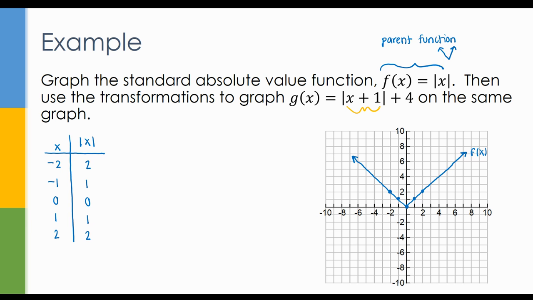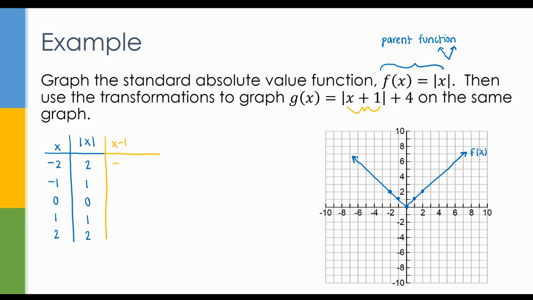So notice that I've got a number inside of the absolute value. If it's connected to the x, that's going to represent a horizontal change. And so that means I'm moving left and right. And so with my x column in my table, I want to do the opposite. Since I see +1, I know that I really want to subtract 1.